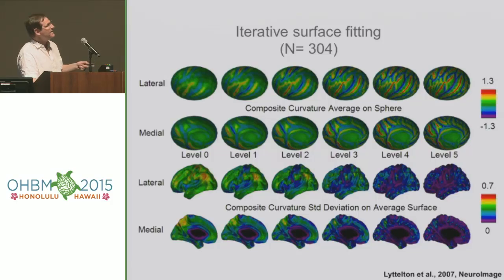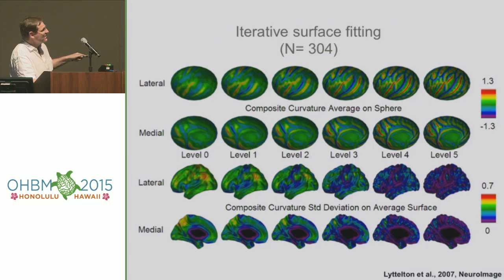To the extent that you do have one-to-one correspondence across subjects, it is possible to integrate iteratively across individuals to, in this example, increase the overlap of sulcal folds and gyri. This shows an example from 300 subjects of the improving alignment of sulci, gyri and fundi.